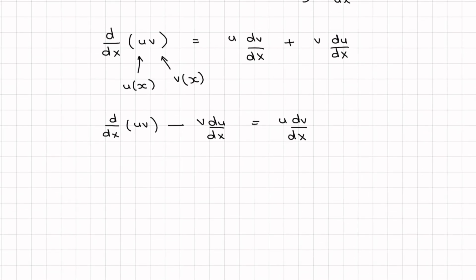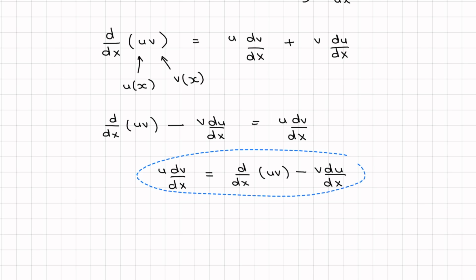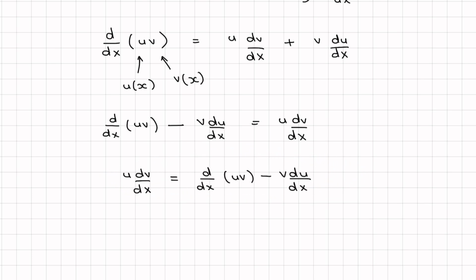Now I'm going to switch the sides of the equation around, so I'm going to bring this over to the left and write all of this on the right. Now what I'm going to do is integrate this equation through. So I'm going to integrate this side and integrate each term on the other side.